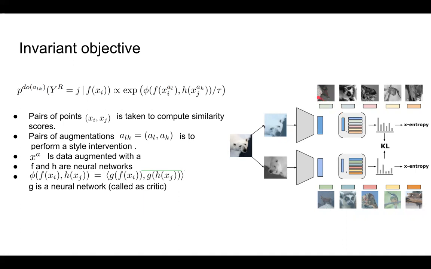Okay, so then we learn a representation F of XI AL, which is the blue rectangle here, and for all the others, we also learn. There are 5 images plus the original bear, so there are 6 images, and there are 6 H of XJ AK.